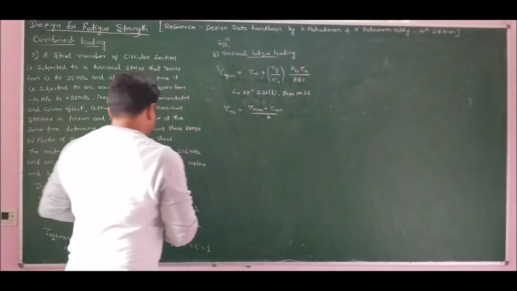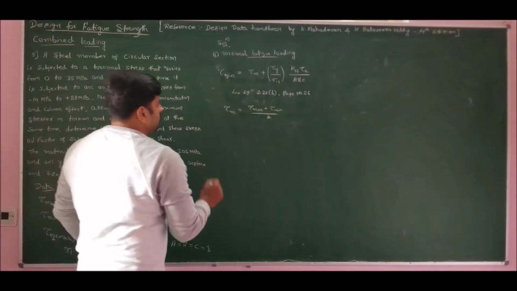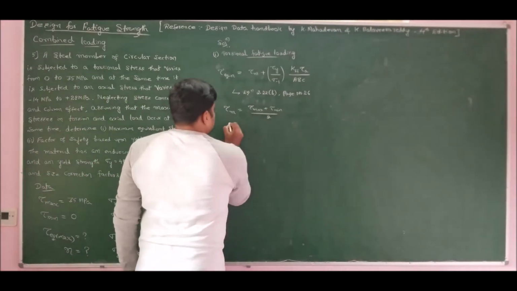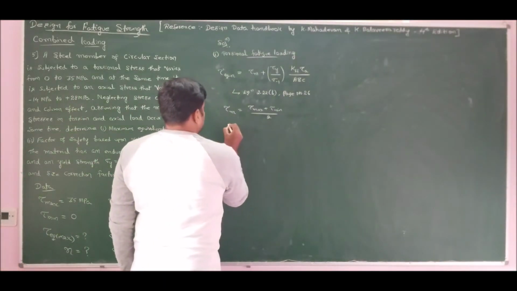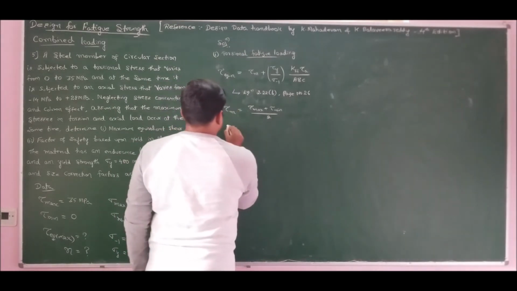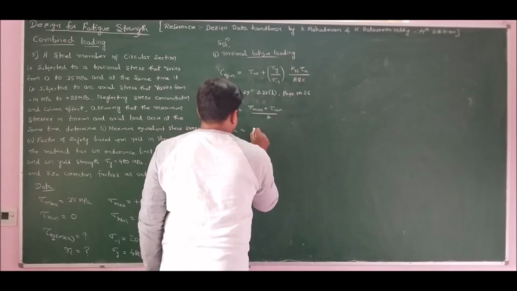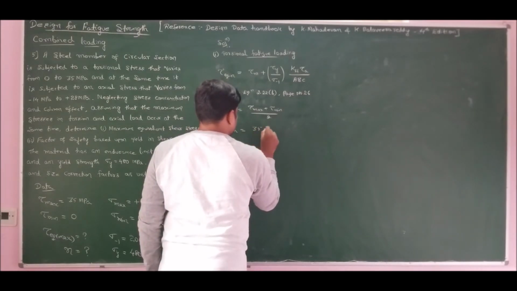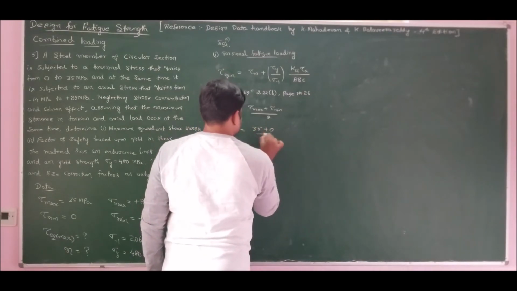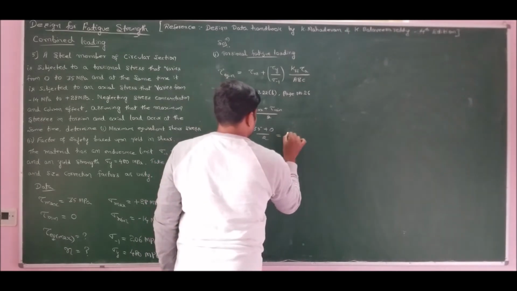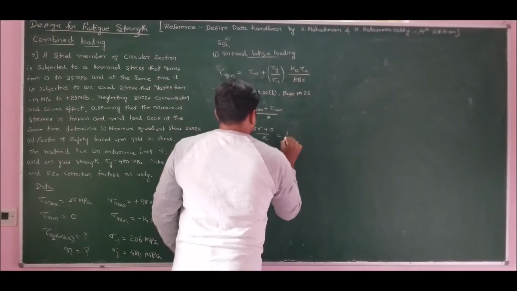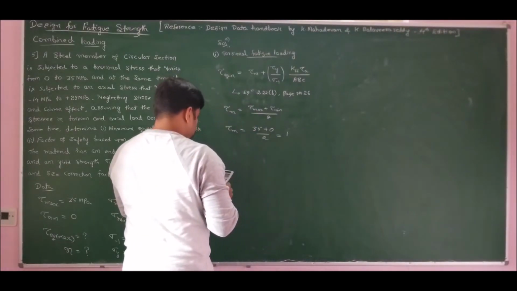For this problem, he has given tau max and tau minimum, so we can directly determine the tau mean. Tau mean is equal to 35 plus 0 by 2, which is nothing but 17.5. Correct?